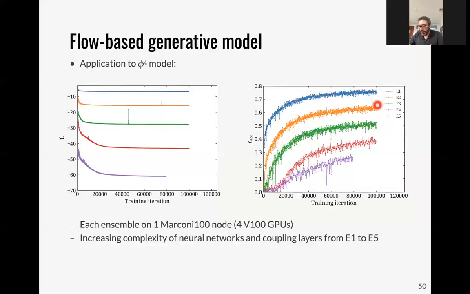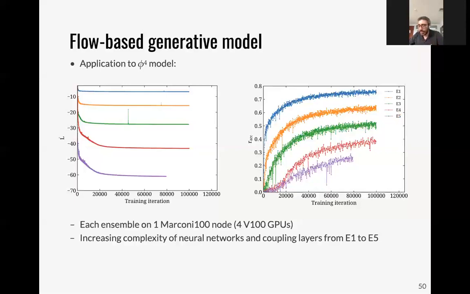And then the ones that are more difficult to train, that are closer to criticality, have a harder time reaching large values of the acceptance rate. So this is the trade-off, right? The one that's closer to criticality will more likely be more difficult to train, will require more parameters, and will require more training iterations to reach a given acceptance rate.